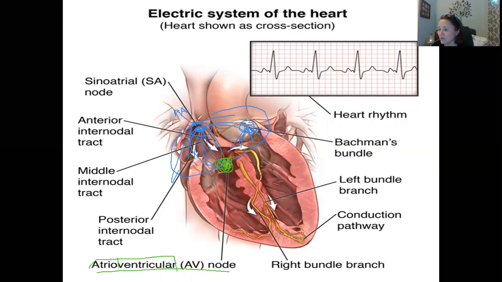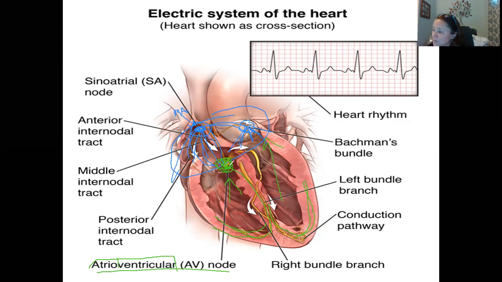These electrical pathways are going to go from the SA node, drop down to the AV node, and from the AV node, they are going to travel up and around the ventricles to lead to that ventricular contraction that's going to give us all the blood flow to our body. From our right ventricle, we're going to go up and into the lungs to get oxygenated. Then from the left ventricle, we're going to go out the aorta and into the rest of the body.